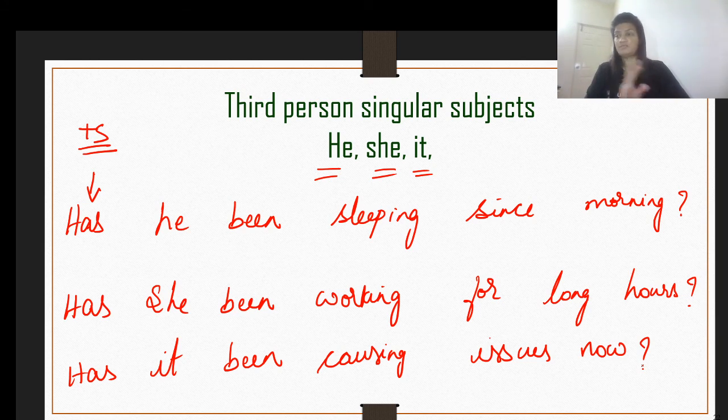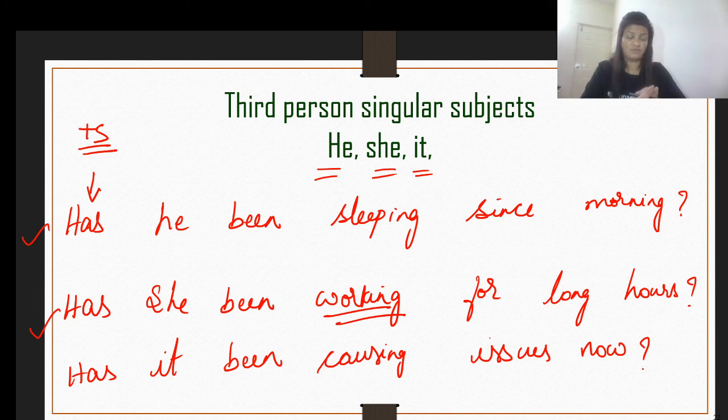Again, you're asking about somebody else. You probably saw the person sleeping in the morning and you went out and you come back now and you again see the person sleeping and you are in shock and you're like, has he been sleeping since morning? Is the question. Then next one is, has she been working for long hours? Then another question, another action asking, has she been working for long hours?